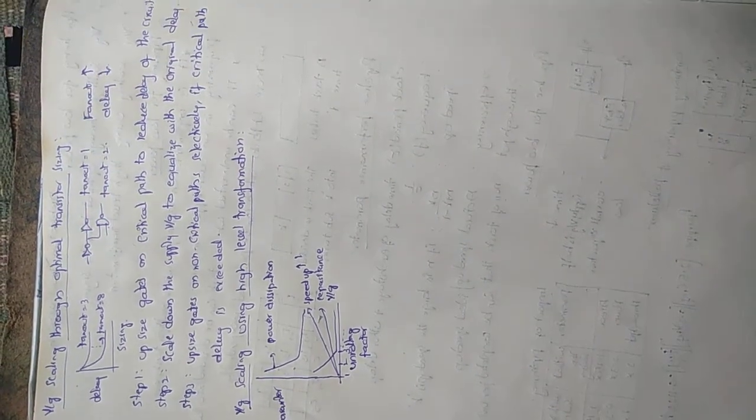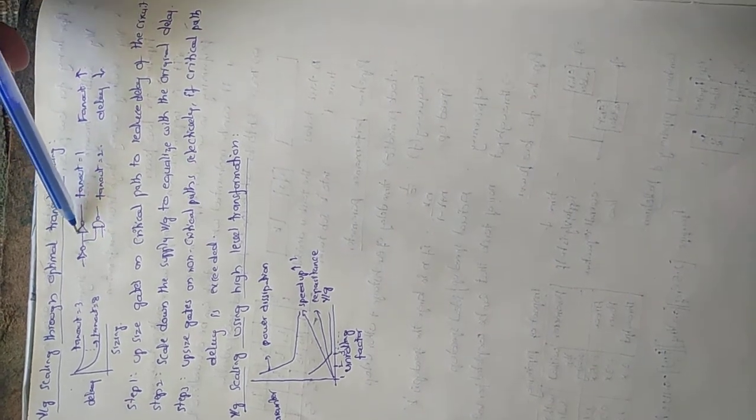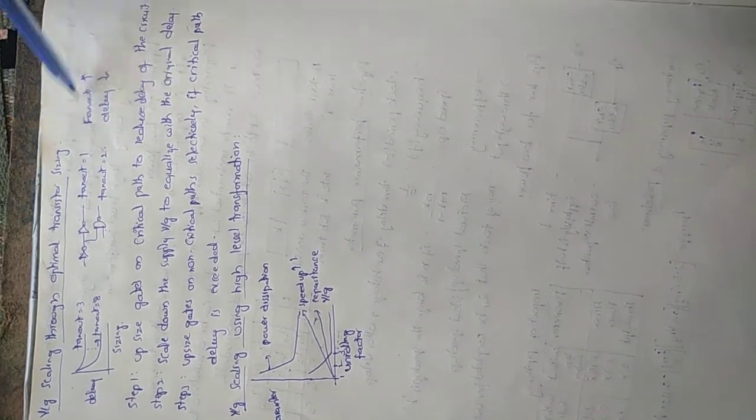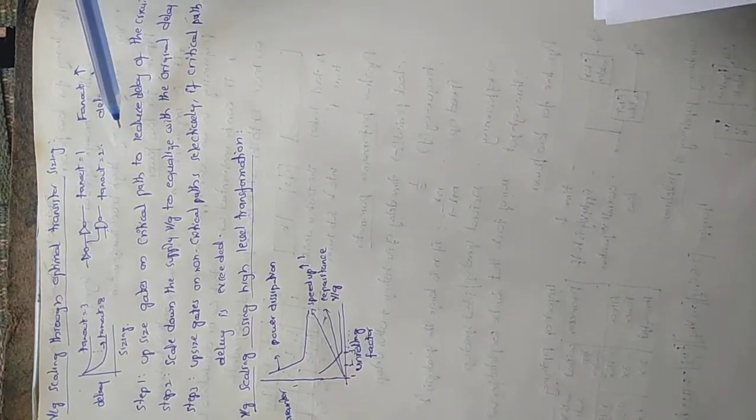So transistor sizing is a common technique to reduce delay. If a gate drives only one gate, the fan out is one. If it is connected to two, then the fan out is two. If fan out increases, delay increases. If we size the width and lengths, the delay decreases.